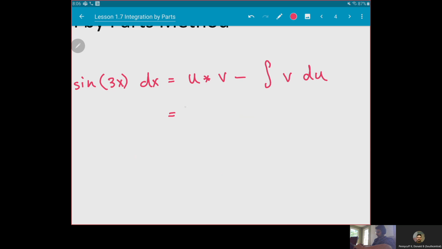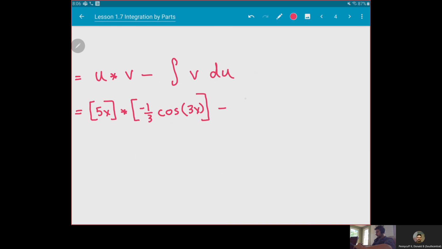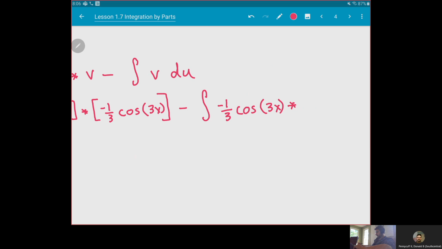So if I plug all that stuff in, that's going to be 5x times negative 1/3 cosine 3x minus the integral negative 1/3 cosine 3x times 1/5. No, I'm sorry, 5, just a regular 5 dx.